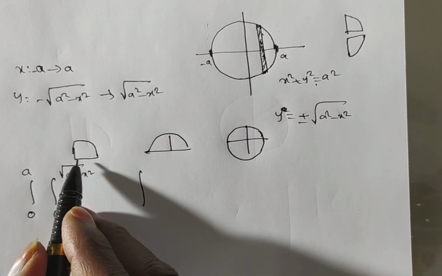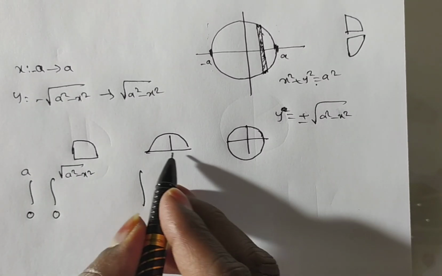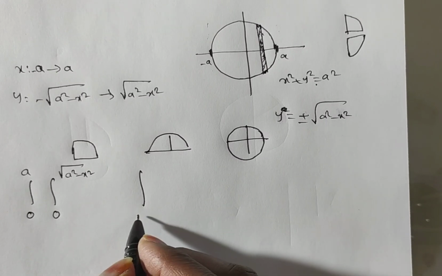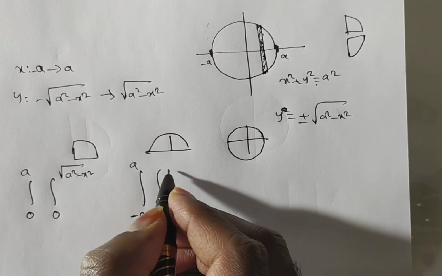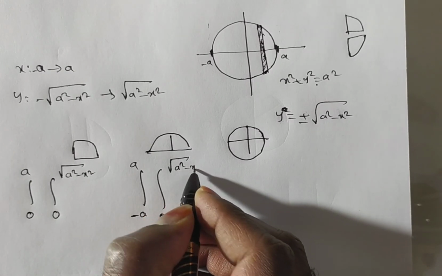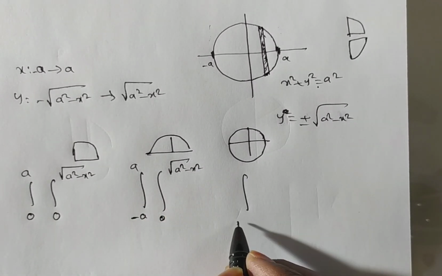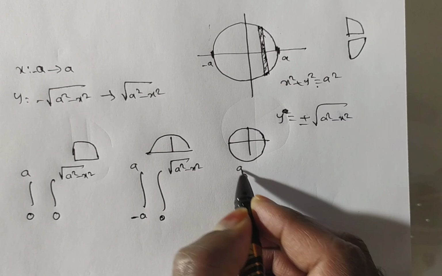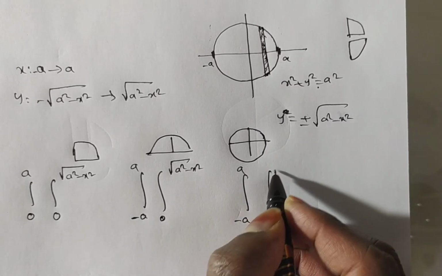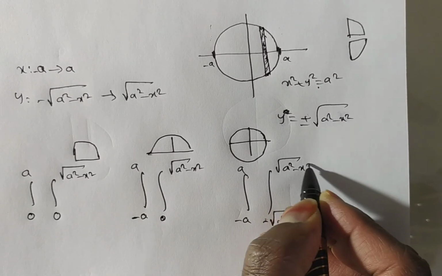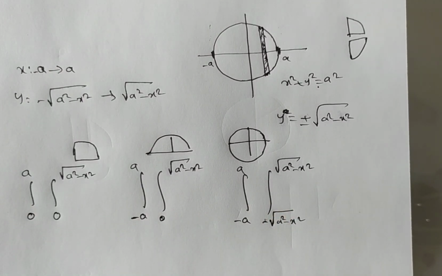If it is the upper half of the circle, then x is from minus a to a and y from 0 to square root of a square minus x square. And for the full circle you have x from minus a to a and y from minus square root of a square minus x square to plus square root of a square minus x square. So like this we can find the limits when x is taken as independent.